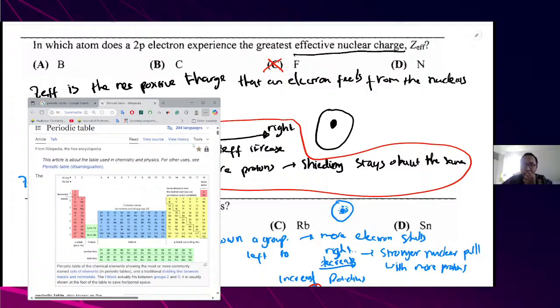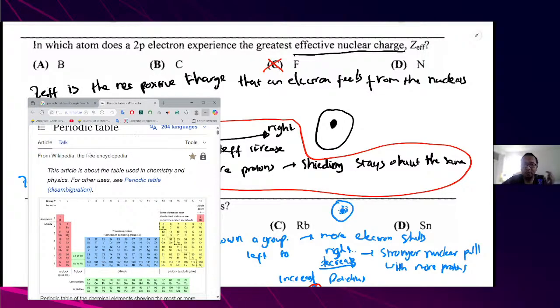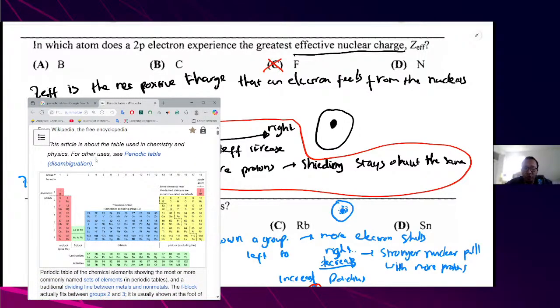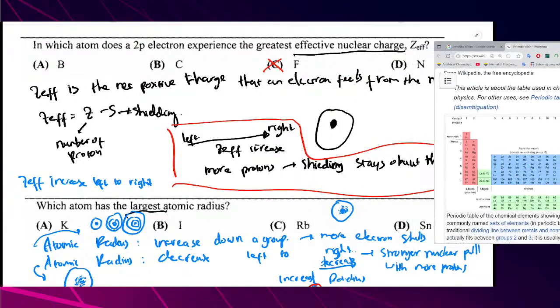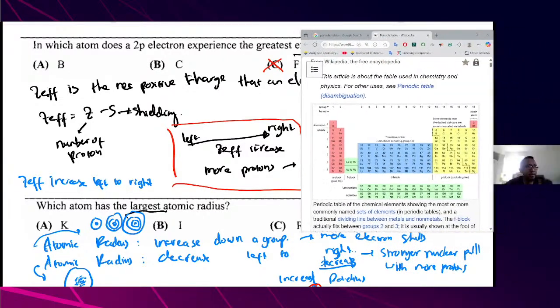As you can see, which one has the position most to the left and most down, the lowest down and the far left among the choices? The options here are K, I, Rb, and Sn.